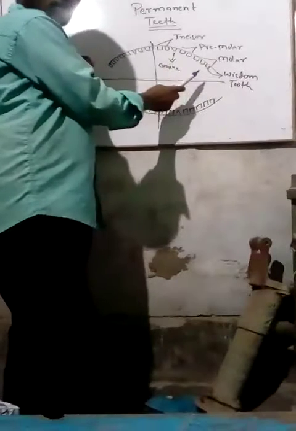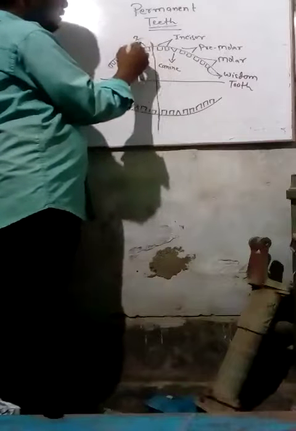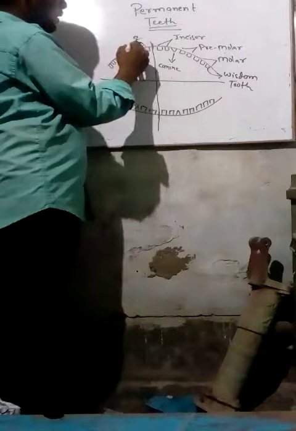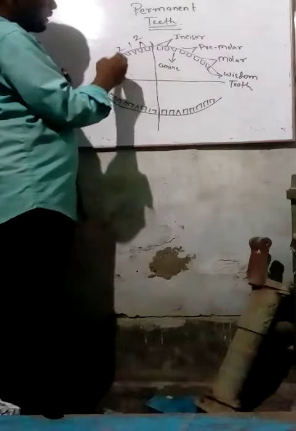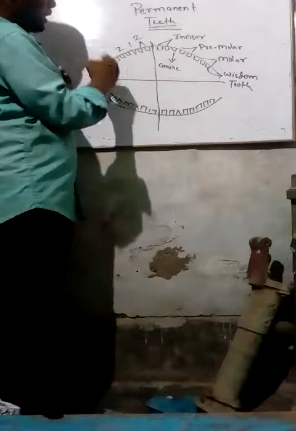So all types of teeth in the first quadrant will be the same in all quadrants. In the first quadrant, these 2 teeth are called incisor, this one is canine, these 2 teeth are called premolar, these 3 teeth are called molar, right?